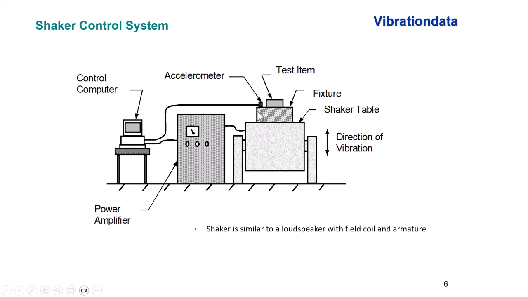Now, this accelerometer is very important. It forms a feedback loop. And feedback occurs in several contexts throughout this course series. This is the first context of a feedback loop. So in order to have a controlled test, the accelerometer returns that feedback signal to the control computer.